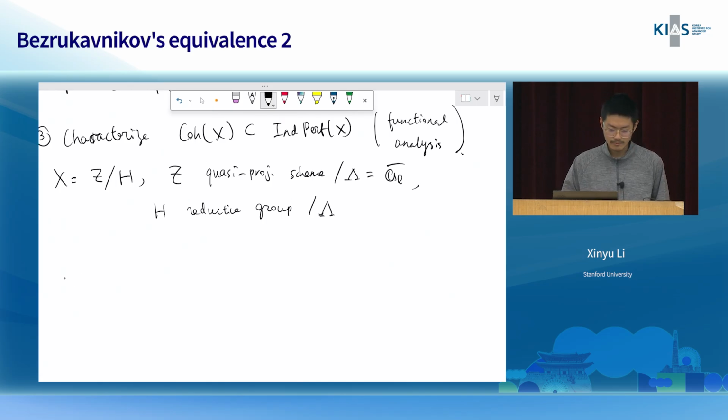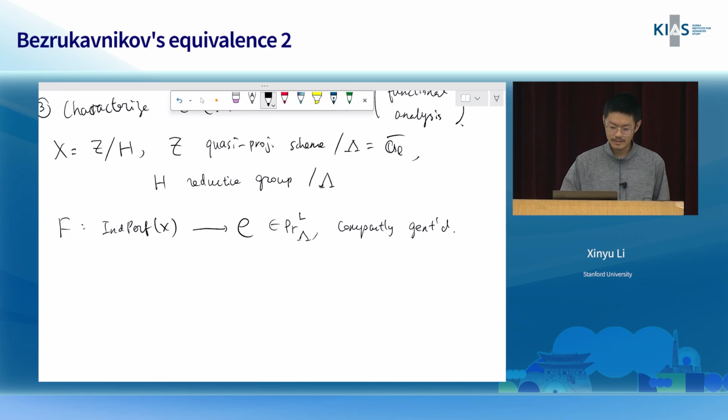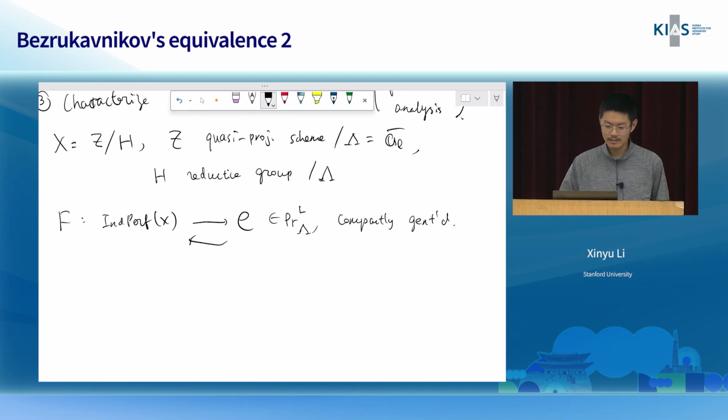So suppose you have a functor F from Ind-Perf X to a category C, which is, as always, in PrL and compactly generated. Then we can pass to the right adjoint F^R from C to Ind-Perf X. Let's assume the following.